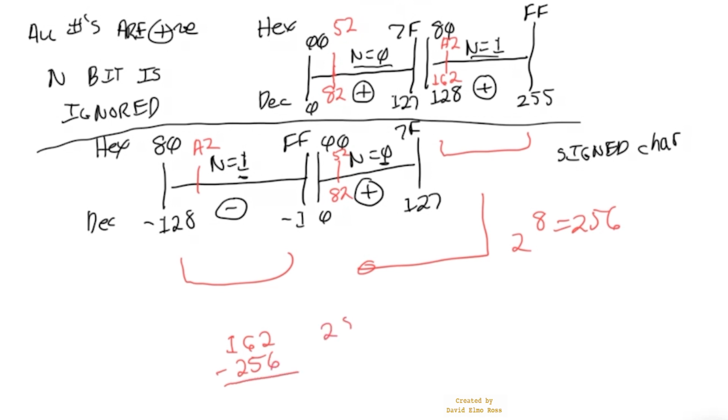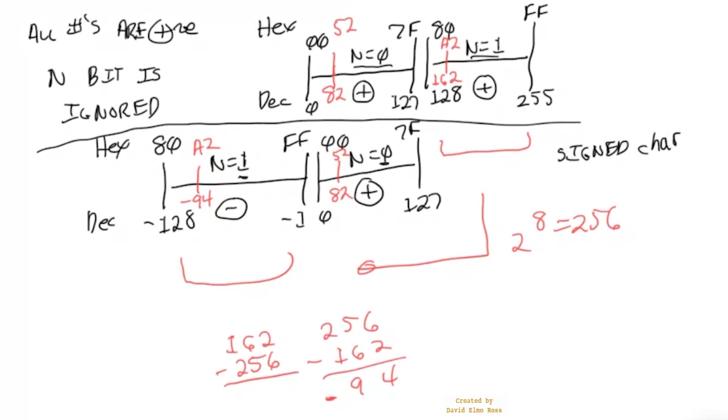Or if we want to do this by hand, it's the same thing as saying 256 minus 162, and just remembering to put a negative sign here. So this becomes minus 94. So that's what this one is here. This A2 is minus 94. That A2 is positive 162.